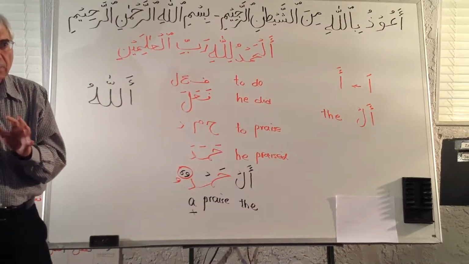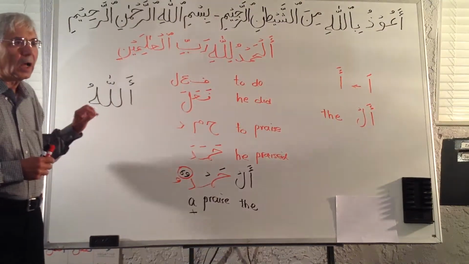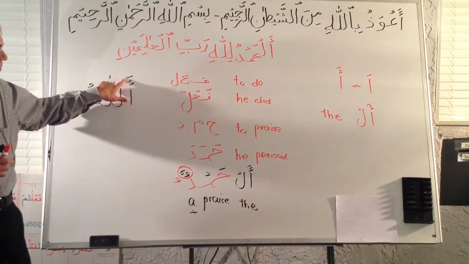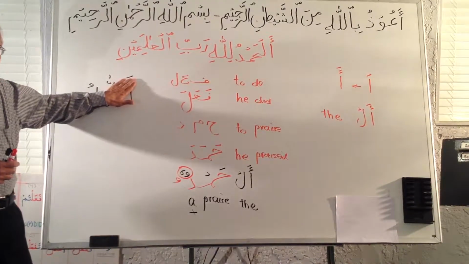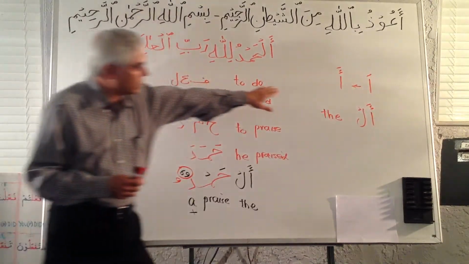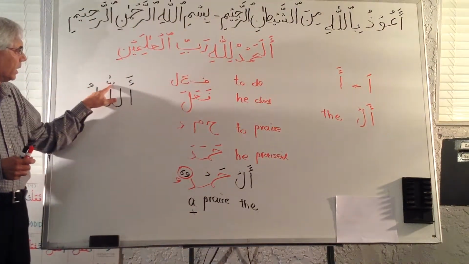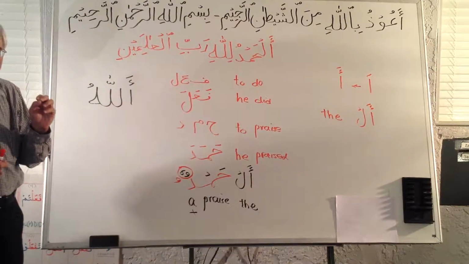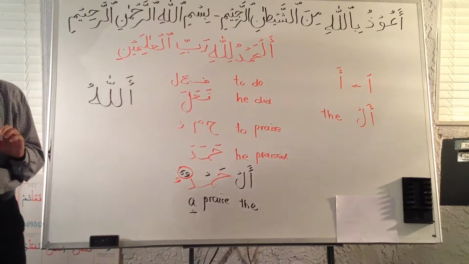The full name, the correct pronunciation is Allahu. Remember, I wrote down this alif with the hamza on it. Then this combines with the lam with a tashdeed. This is called tashdeed, in Arabic it's called shadda.